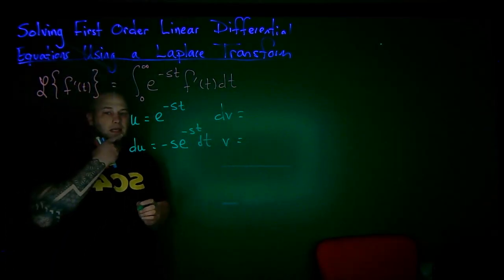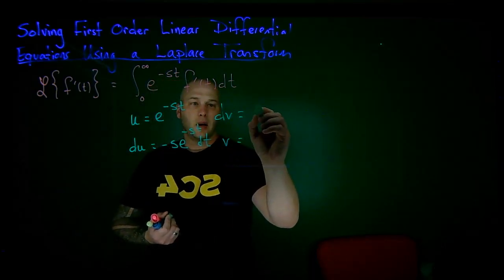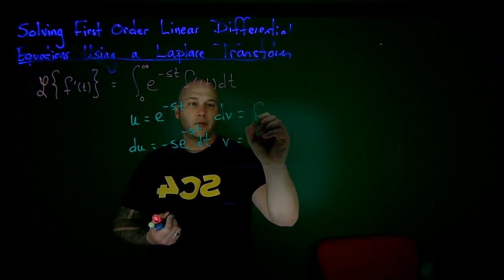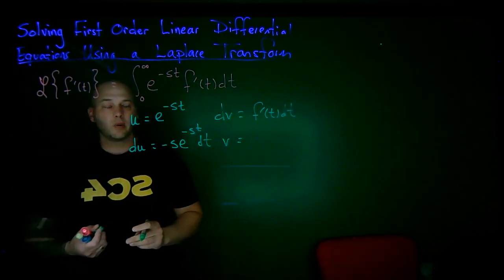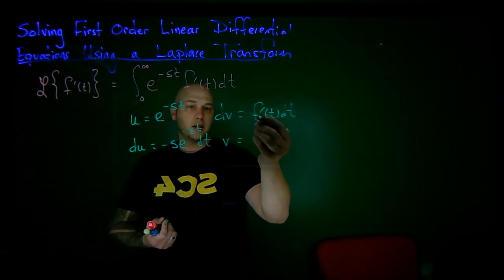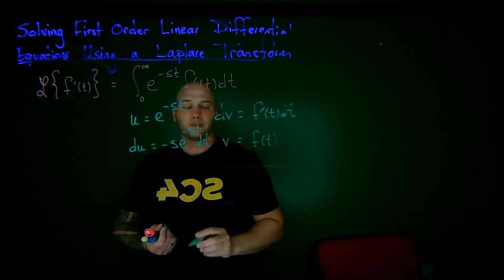And then for my dv, I'm going to use f prime of t dt, right? It's going to be the rest of the integrand along with the differential. And then I go ahead and take the antiderivative, which gives me f of t.